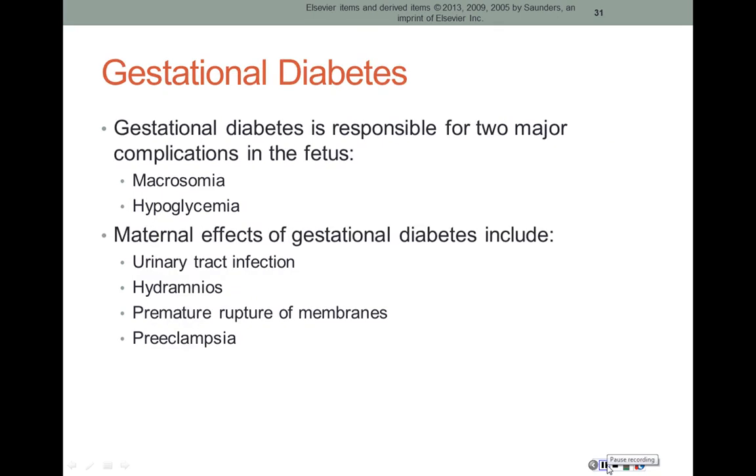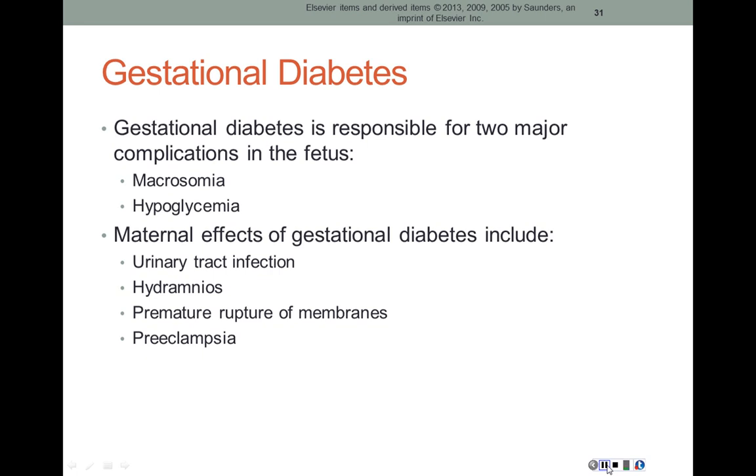So, gestational diabetes is exactly what it says. It's an increase in blood sugar that happens in a pregnant female. And we see this most often in pregnant females who are between the ages of 19 and 40.